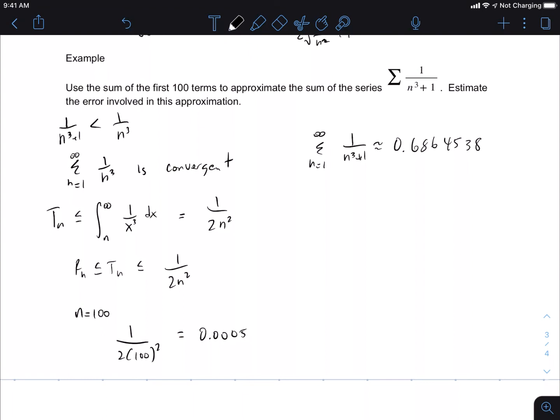We're going to have an error that's less than 0.000405. So there should be one more 0 here. Is that right? Let me make sure. I want to retype that into my calculator.